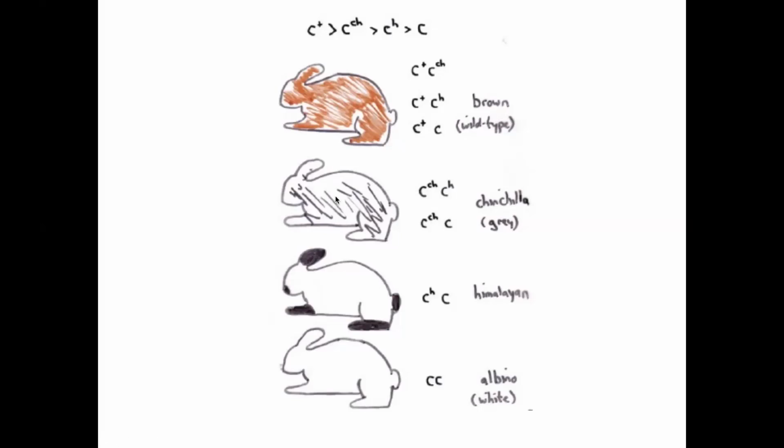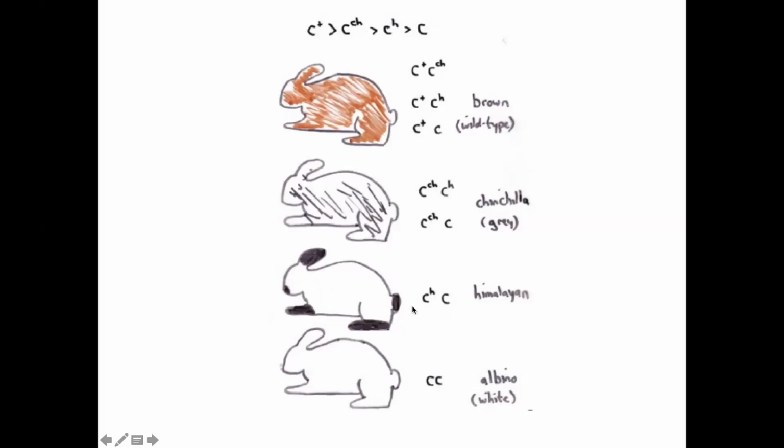So this is the concept that these allelic relationships don't really mean anything except in a particular context. It depends on who you're comparing to who. So they're not fixed designations. Here's another example. If you're heterozygous for the Himalayan and the albino, you get a Himalayan pattern.